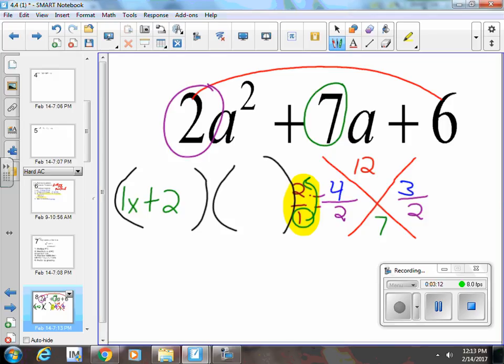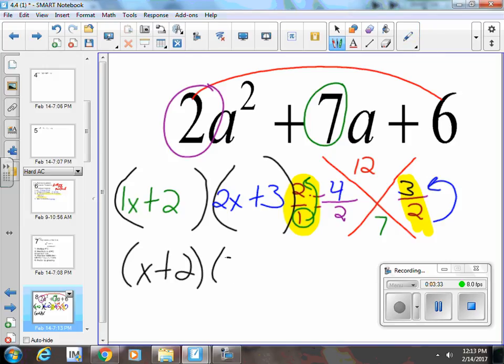And then the other parenthesis is going to be bottom up, 2x plus 3, coming from that fraction. And that's it. So my final answer, x plus 2 times 2x plus 3.